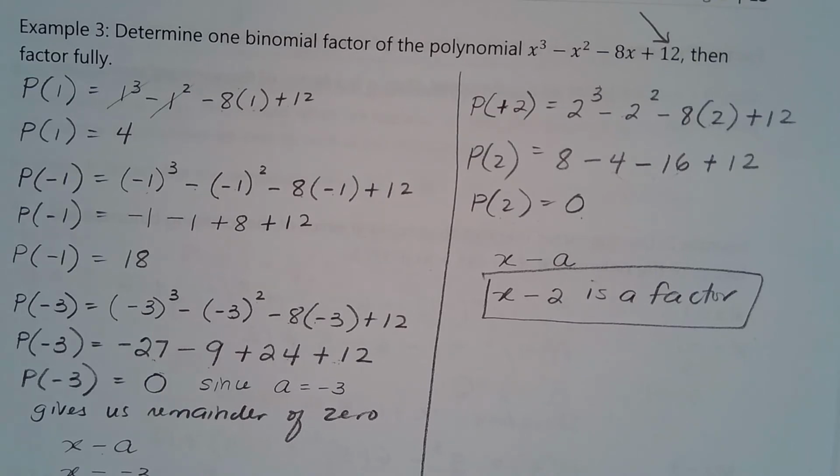Remember, our a values are negative 3 and positive 2. This one is negative 3, and this one is positive 2.